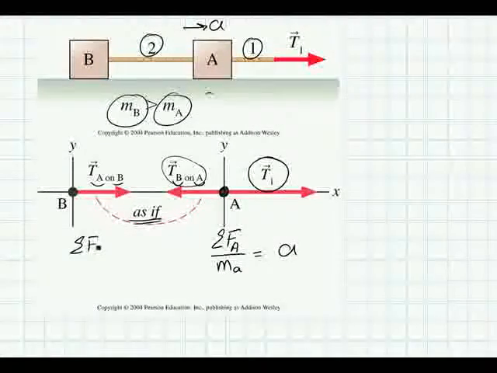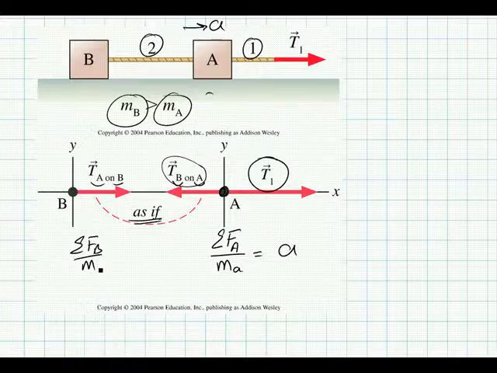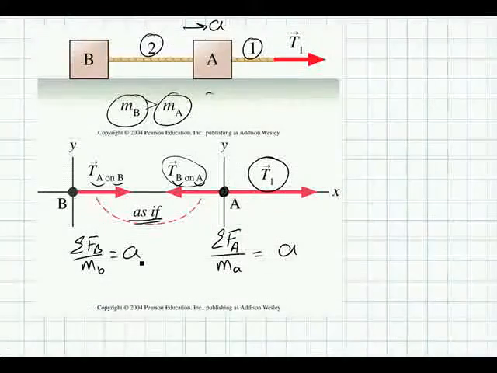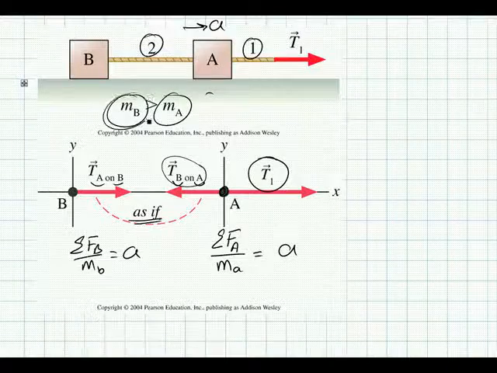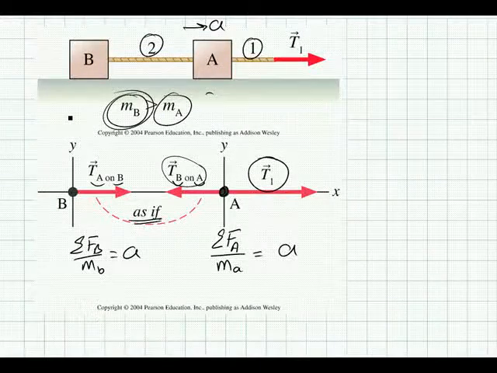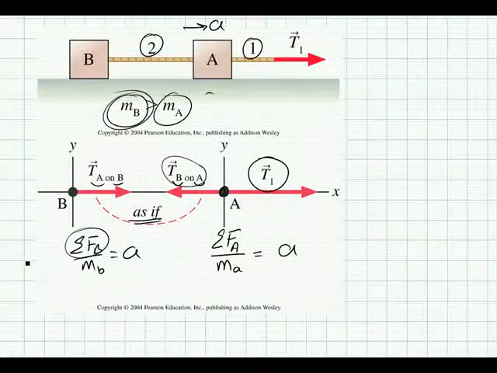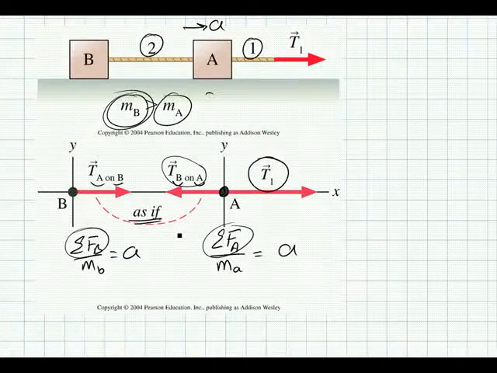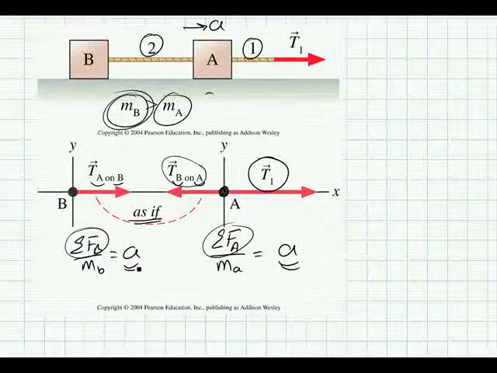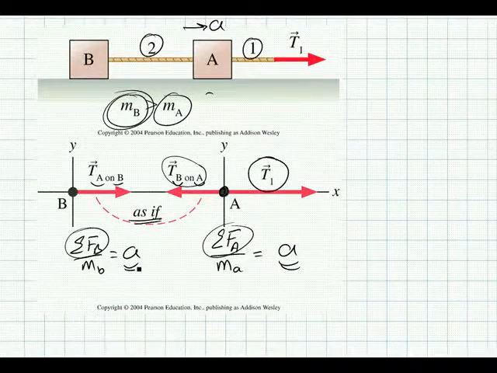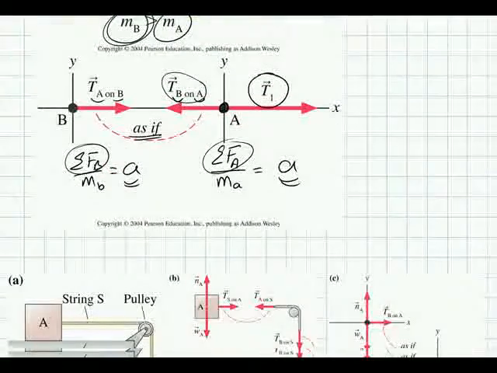And here the net force on B divided by the mass of B is also equal to a. And since the mass of B is greater than the mass of A, you see that the net force on B must be greater than the net force on A, such that the accelerations remain the same in magnitude.